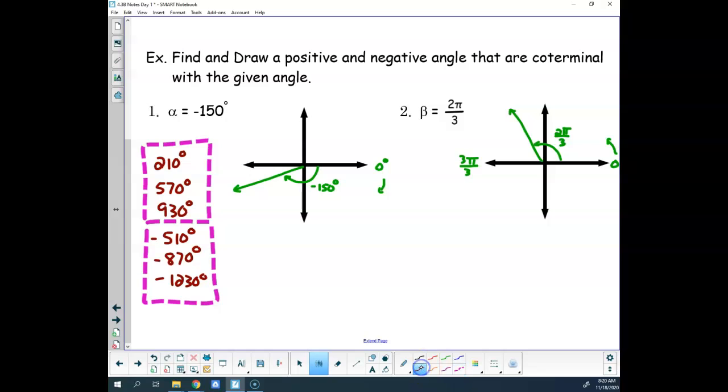Positive coterminal angle with 2 pi over 3. What you got, Sean?